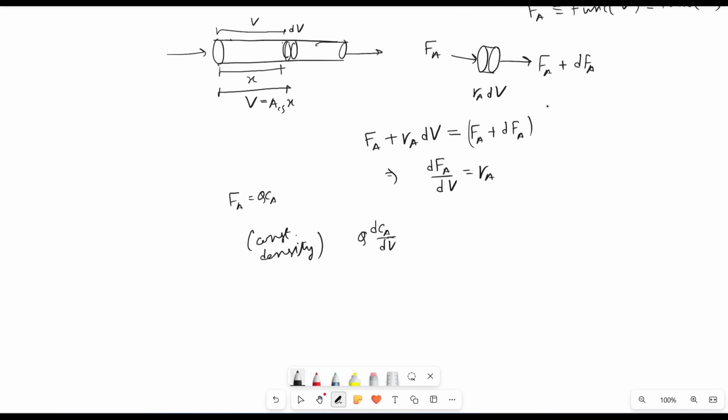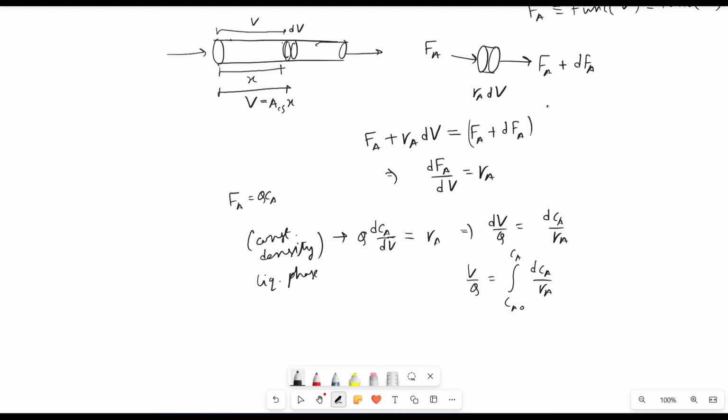Q dCA/dV is equal to RA, and you can write dV by Q is equal to dCA by RA, and integrate this expression to get V by Q equals the integral of dCA by RA from CA naught to CA. If we get this expression, we will get the value.